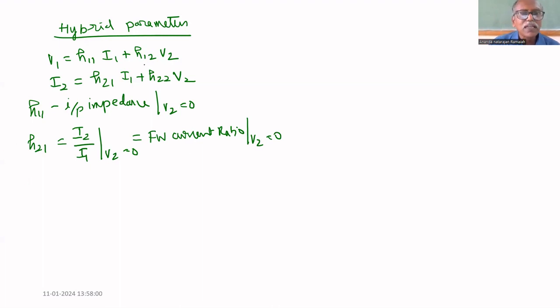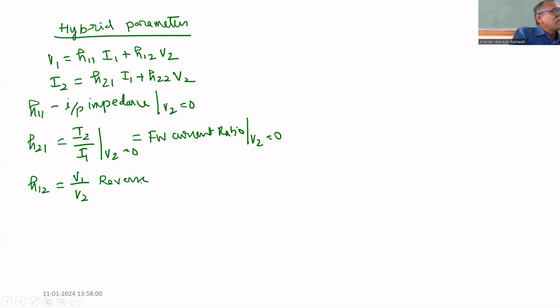Next one is, let us assume I1 equal to 0. If you assume I1 equal to 0, you will get H12. H12 equal to V1 by V2, a reverse voltage ratio.